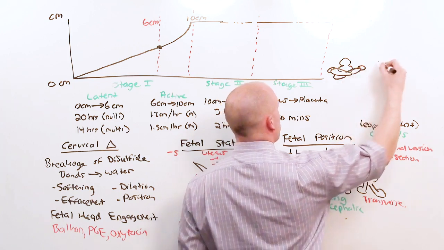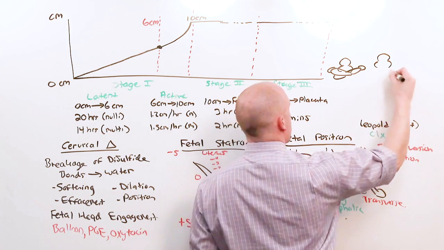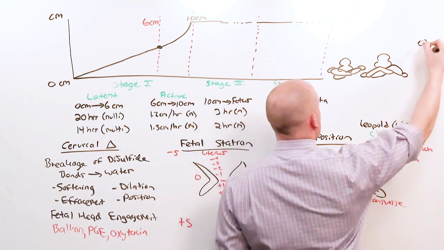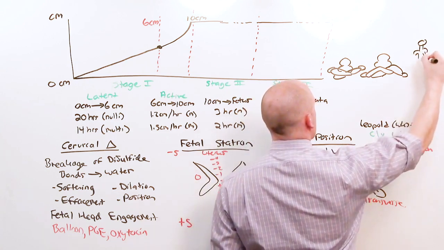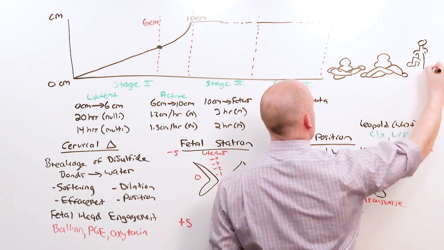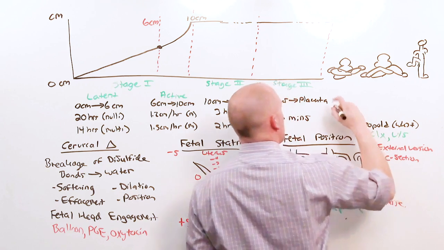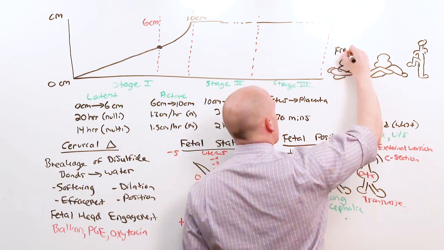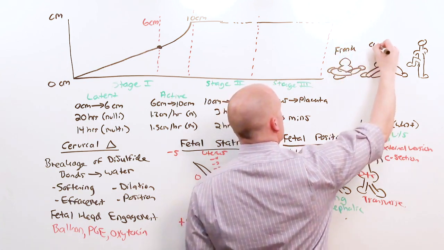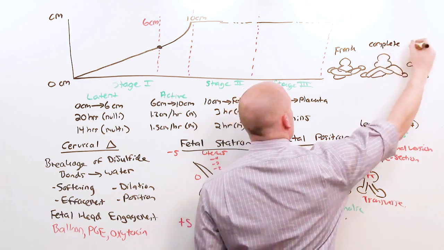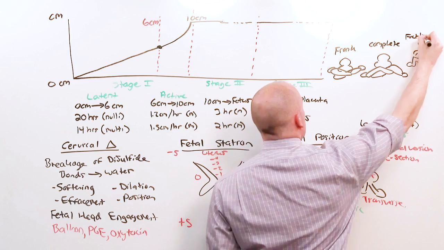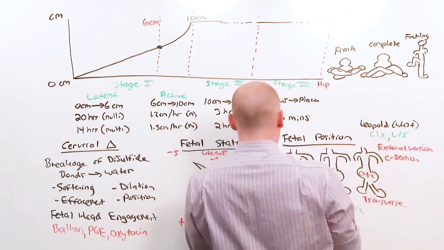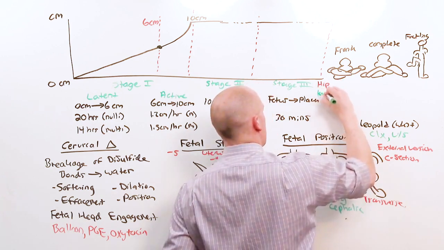These are baby's legs. This first one is called a frank breech. The second is called complete. The third is called footling. It has to do primarily with what the hips are doing and what the knees are doing.